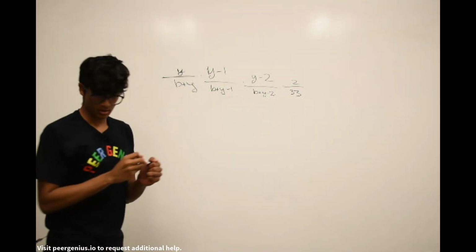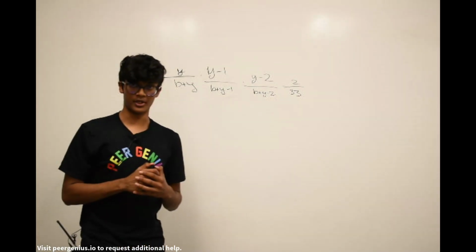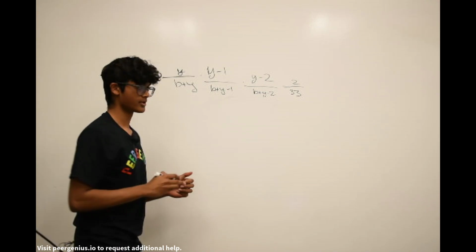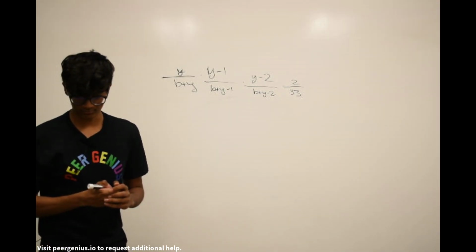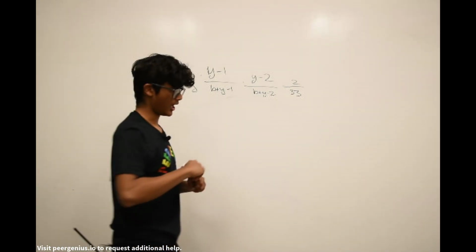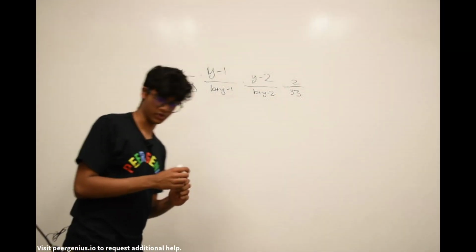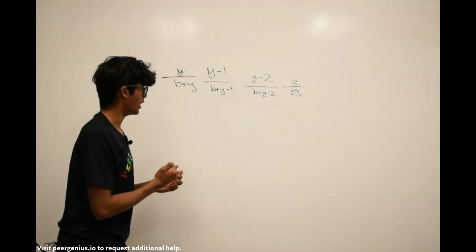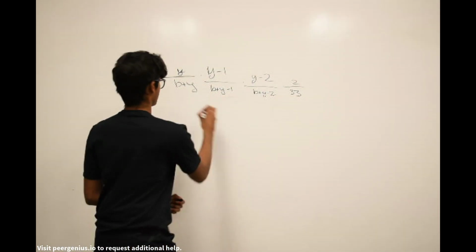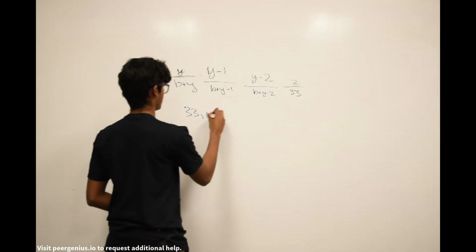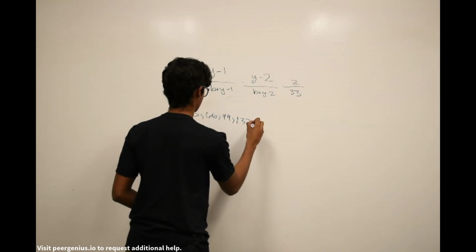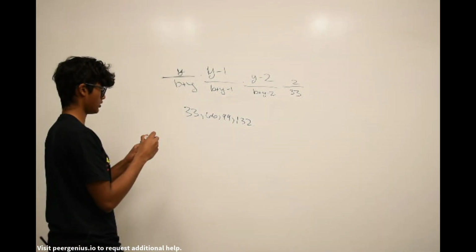You need 3 consecutive numbers to multiply to 2 times some number, and you also need 3 consecutive numbers to multiply to 33 times some number. So let's list out 33, 66, 99, 132.